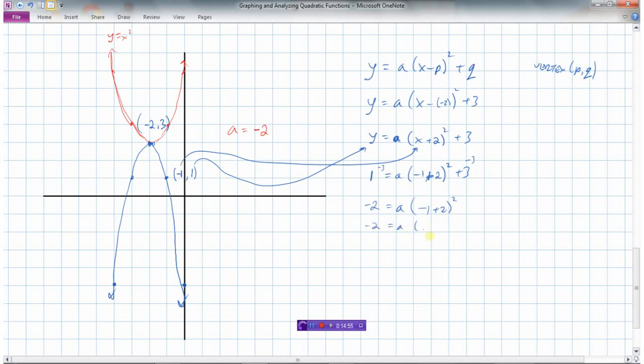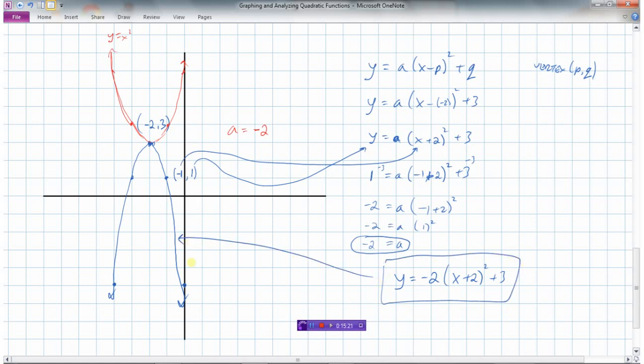And -1 plus 2 is positive 1, and 1 squared is 1. So I've now found my a value. a is -2. So I can say that the equation of this graph is y equals -2 times (x plus 2) squared, plus 3 at the end. So this would be the graph of this blue function right here.